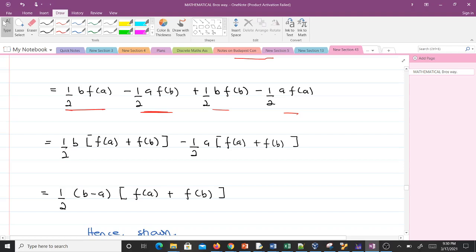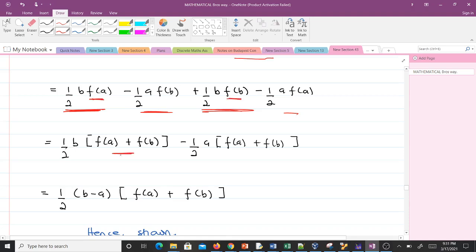It is very interesting and it's very simple when you follow. Okay, so when we get here, what we can do is bring all the ones containing b to one side and all the ones containing a also to one side. So you see, this one contains b, this one contains b. So you have 1 over 2 b out, f of a plus f of b.